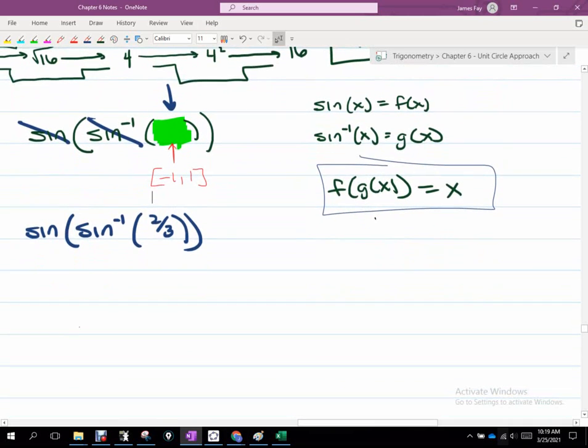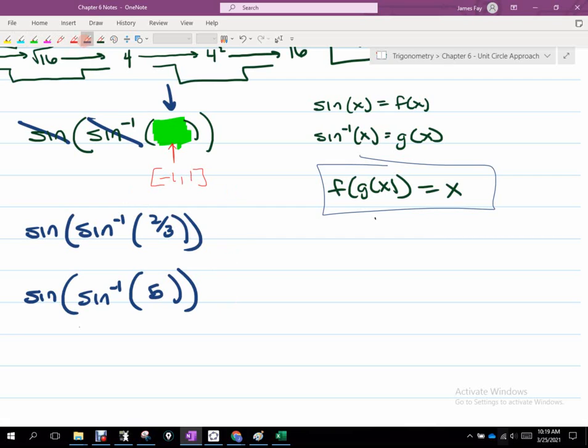Let me ask you this. What is my calculator going to do with that? What's that number right there have to be? Between -1 and 1. That's the only because of that's the input values that you're allowed to use. It's like saying square root. The input values on a square root that I'm allowed to use are 0 to infinity. I can't use negatives, right?